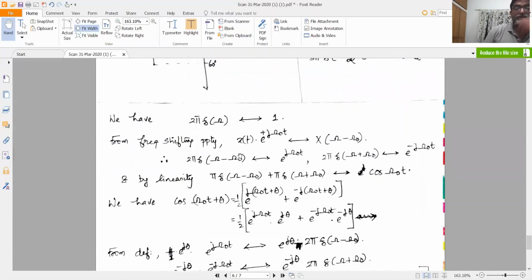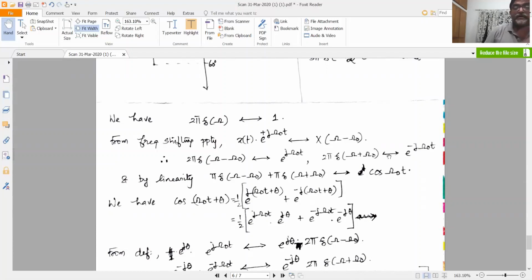So from the frequency shifting property, you know that x of t into e raised to j omega naught t has the Fourier transform x of omega minus omega naught. Therefore 2 pi delta omega minus omega naught is the Fourier transform of e raised to j omega naught t, and 2 pi delta omega plus omega naught is the Fourier transform of e raised to minus j omega naught t. And by linearity, if you add these two, you get e raised to j omega naught t plus e raised to minus j omega naught t.